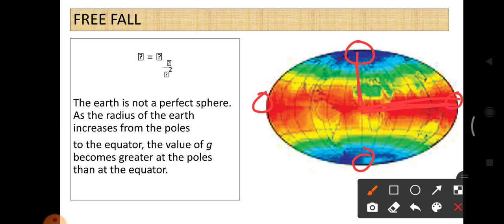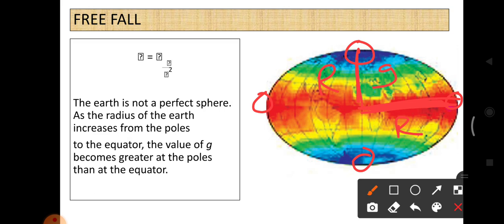The radius of the earth increases from the poles to the equator. So this is a radius of the earth, but compared to the poles, if you move to the equator, the radius of the earth increases. So the value of g becomes greater at the poles and smaller at the equator.